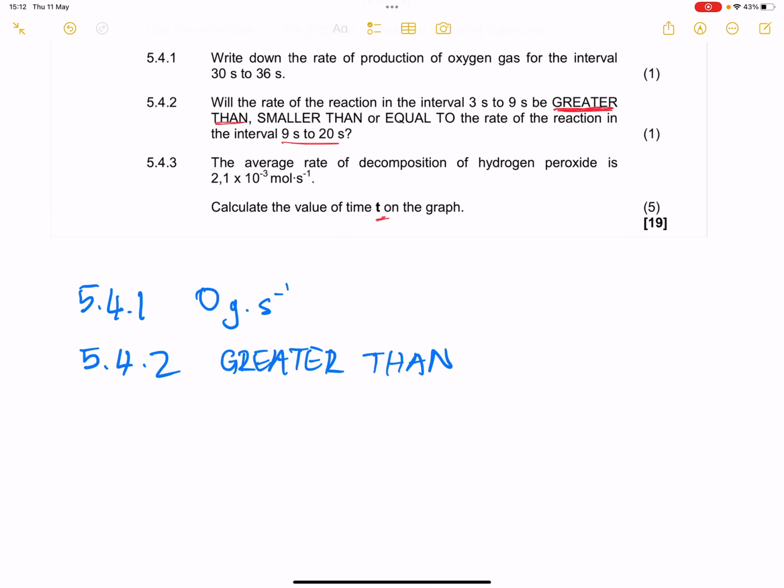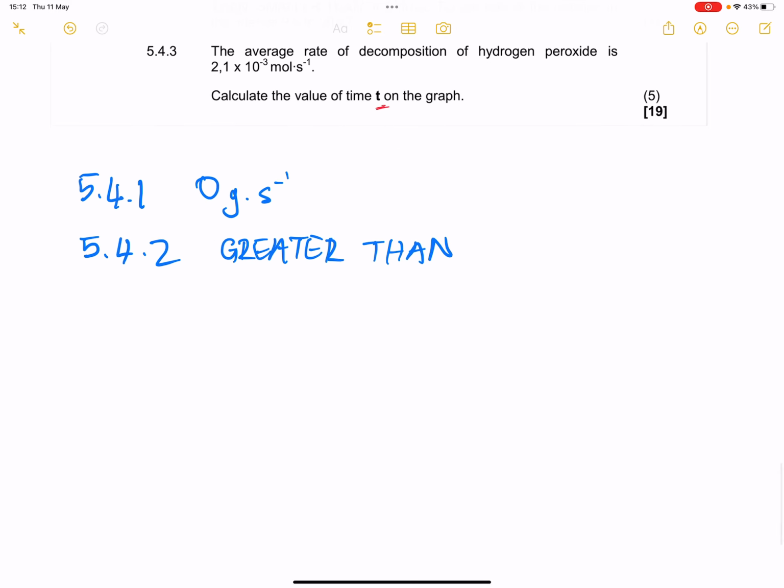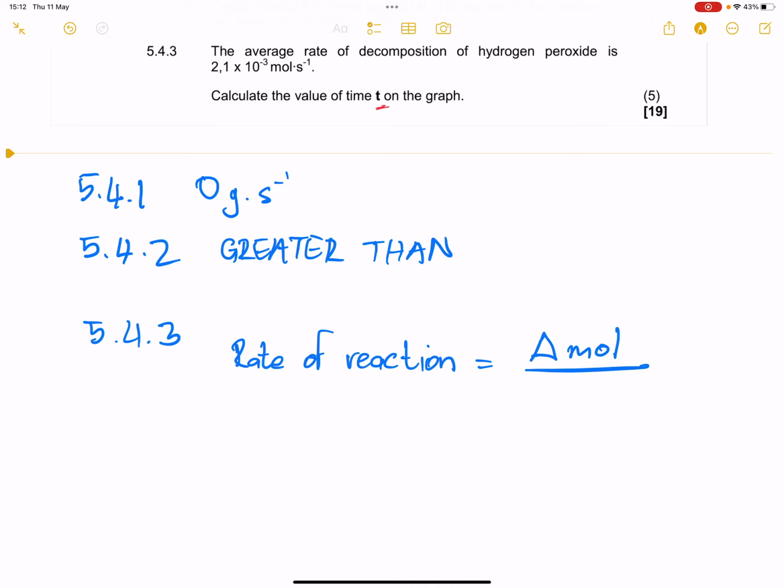So we know that when we calculate rate, 5.4.3, the rate of reaction in this case, because it's given in moles per second, should be equal to the change in moles divided by the change in time.